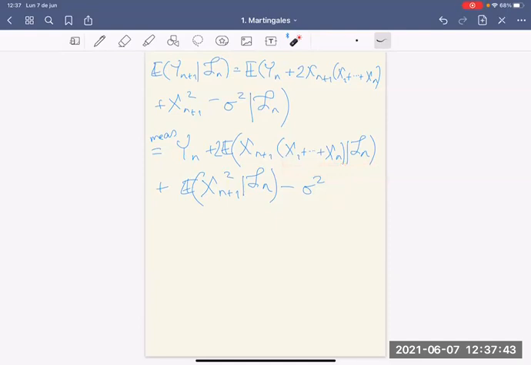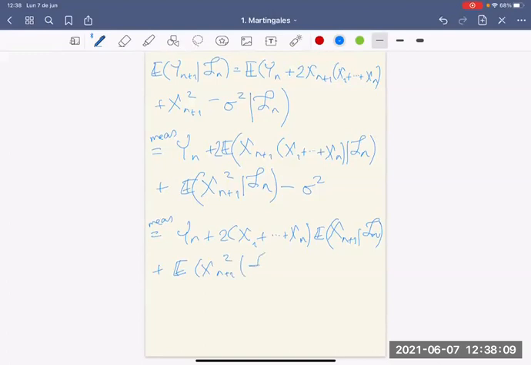So again, for the sake of measurability, I can write 2 times (X1 plus up to X_n) times the expectation of X_{n+1} given F_n, and then the expectation of X_{n+1} squared given F_n minus sigma squared.